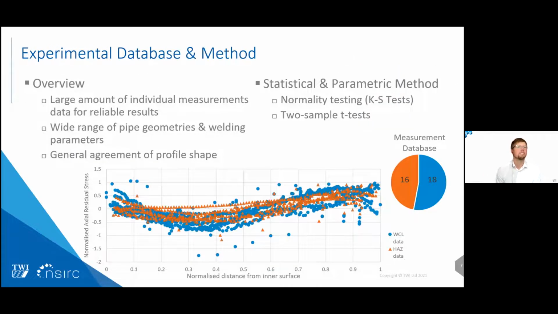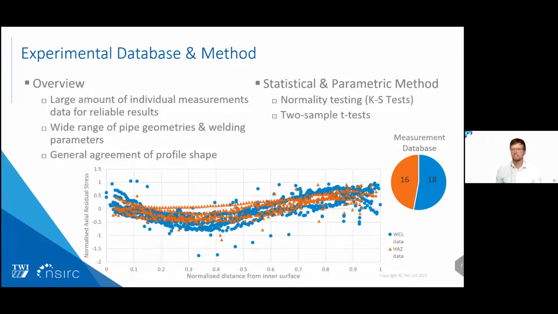So here is a database which I've gathered from literature. Just to point out, on the y-axis the residual stresses have been normalized to the parent material yield strength, and the distance has been normalized by the material wall thickness.